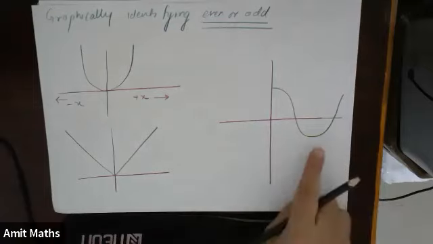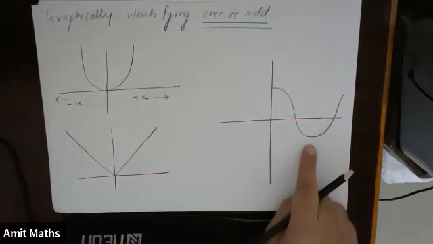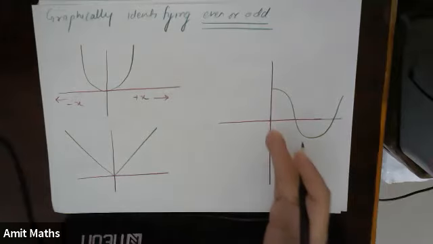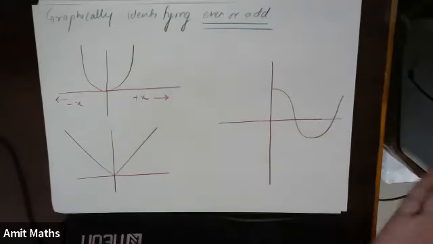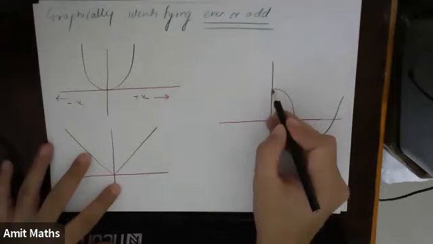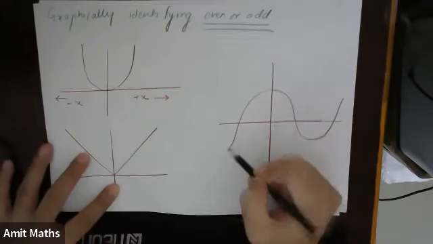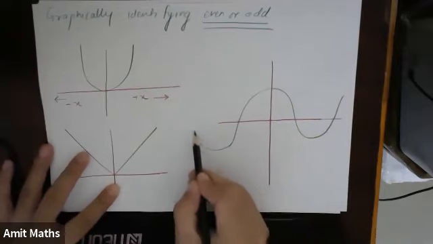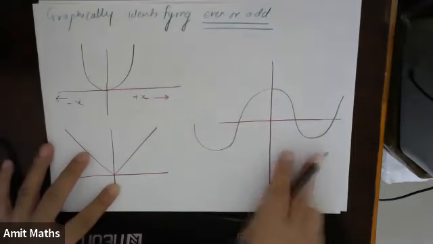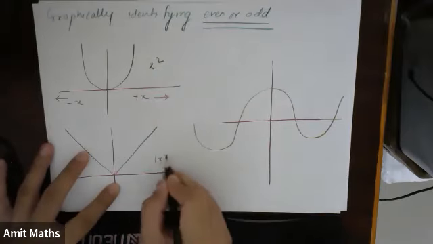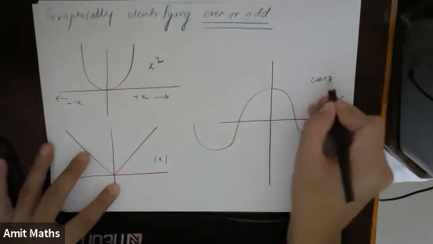Now see, this graph looks similar to cos of x on the right side, right? Now, if I take the mirror image of this, okay. So this is x square, this is mod of x, and this is cos of x.